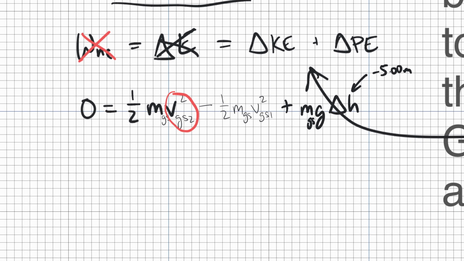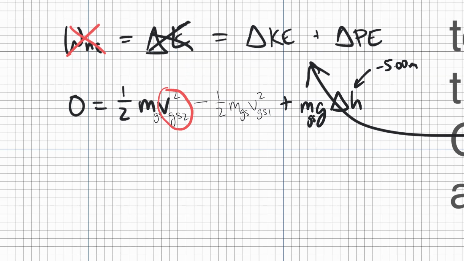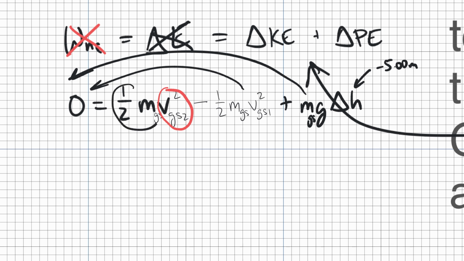So let's go ahead and rearrange this so that we can get it the way we like it. I'm going to take this and bring it over to the other side, and I'll take that and bring it over to the other side. And then once they're over, I'm going to divide by 1/2 m_GS. In fact, right now, before I even do that, I'm going to get rid of m_GS because it's in every single term, right? So we're going to leave this alone, and we're going to bring everything else over to the other side.